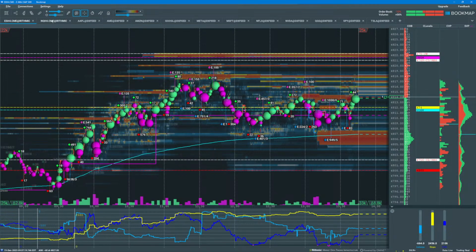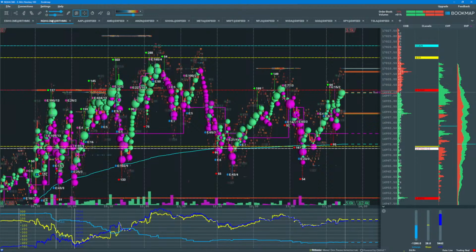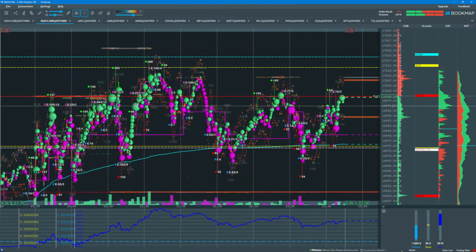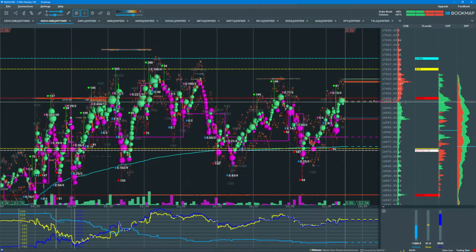Let's take a look at NASDAQ now. Also trading in a very narrow range today. And first of all, before I take a closer look at this chart, I want to isolate the QQQ levels.